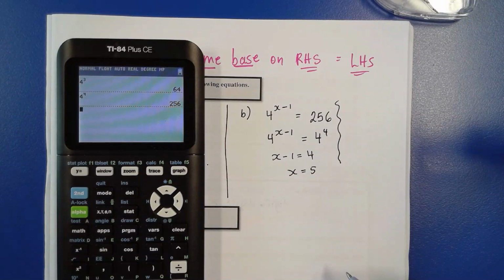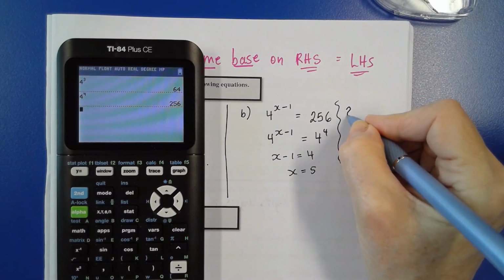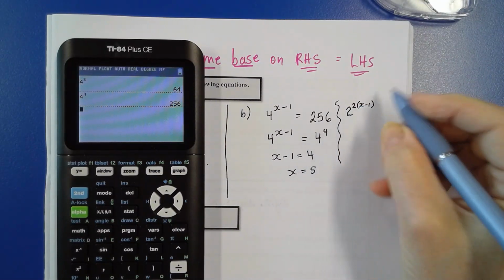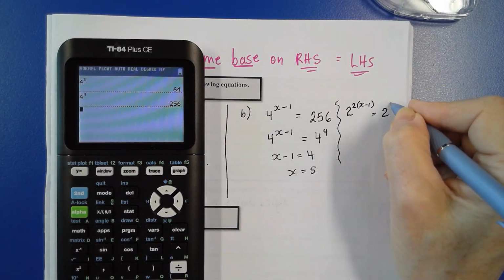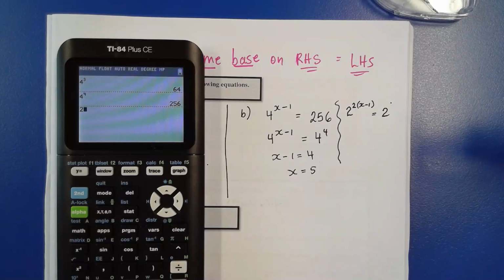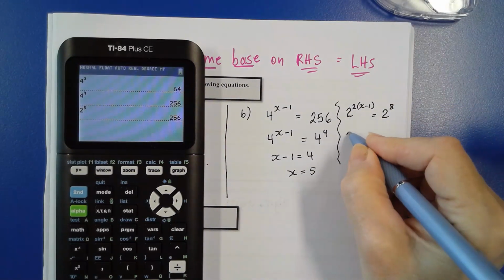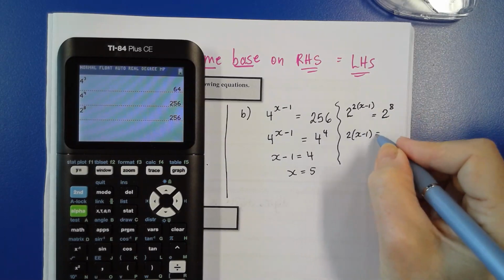Now, there are times when you have to fiddle with both sides. Like on this, I could have gone 4 is 2 squared. You agree? And 256 is 2 to the 8th. So I could go 2 bracket x minus 1, I have to use those brackets, equals 8.